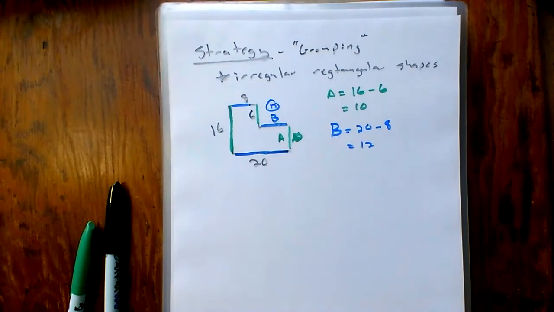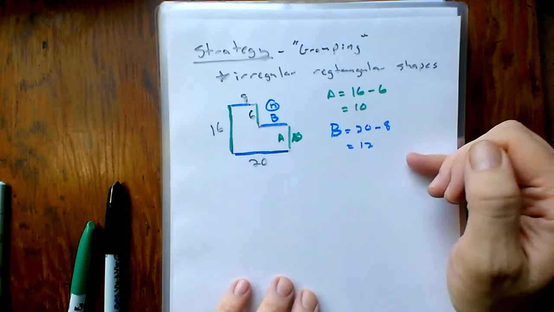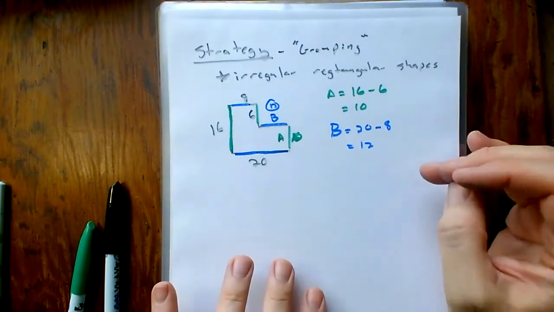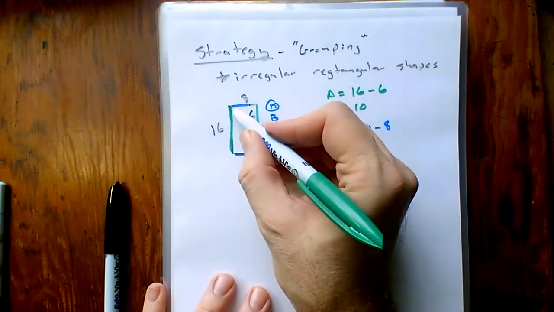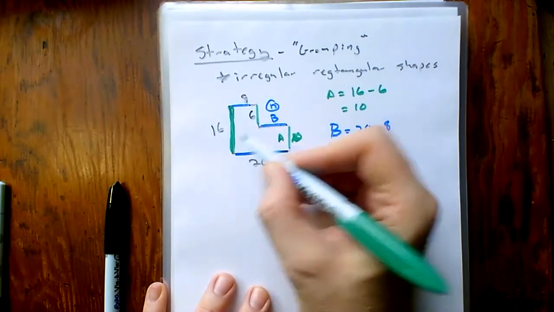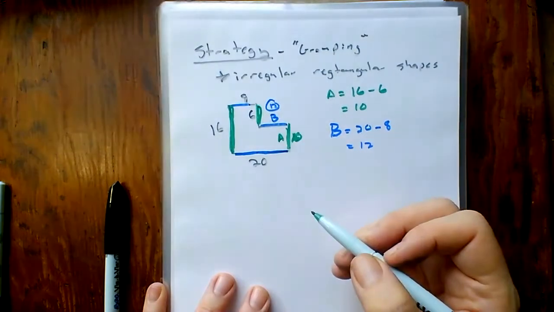But beyond that, when I do this, I'm still going to be adding 16 plus something else that will add up to be the same thing.